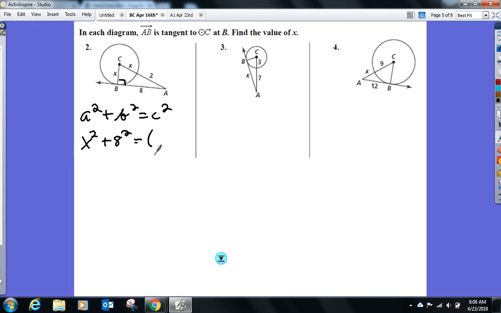Where's your hypotenuse up here? CA? That's more than 2. Okay, x plus 2 all squared. All right, so x squared plus 8 squared equals, all right, what are you guys doing here? Hopefully your algebra skills are tough enough here. You're just not doing x squared plus 4, I hope.